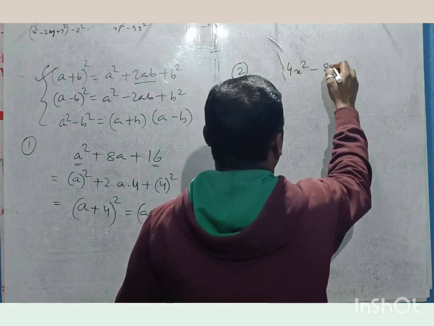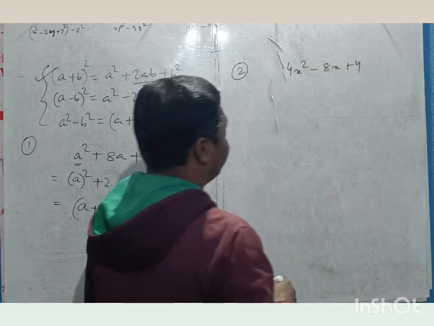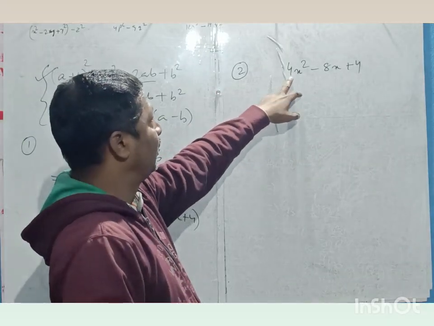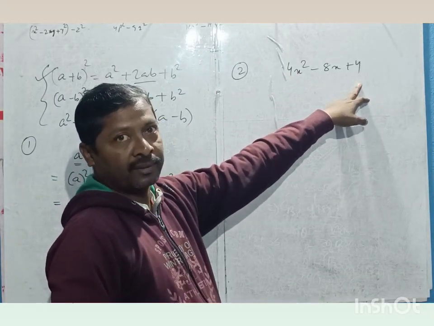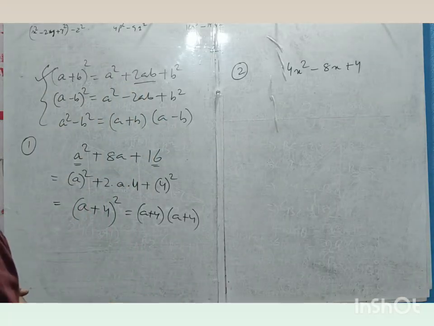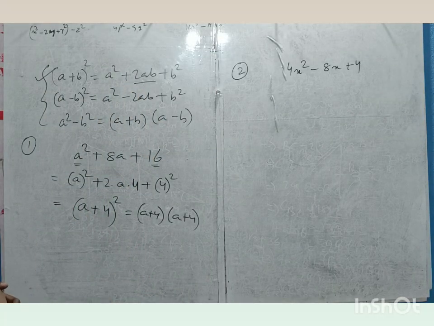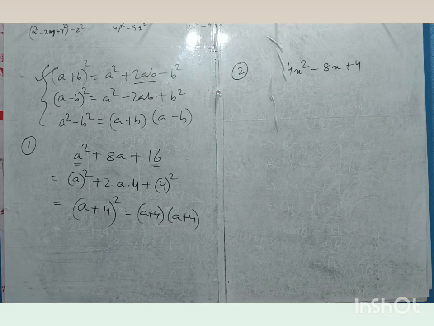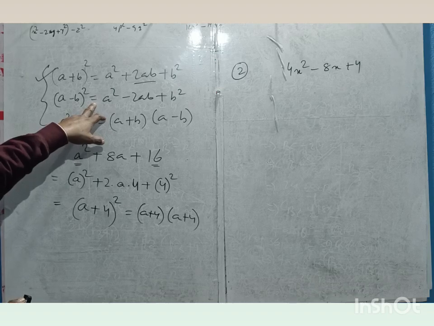4x square minus 8x plus 4. Okay, so this can be a square. This can be a square also, having a minus term here. So guess which identity will fit. Are you thinking this one fits?